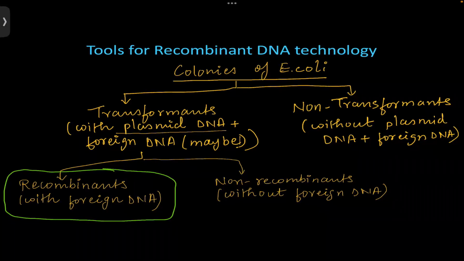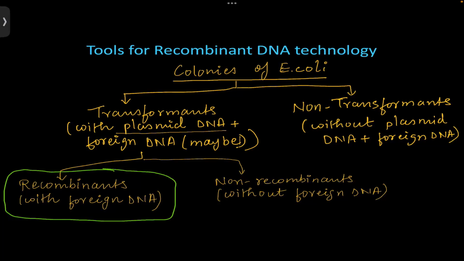One set of colonies will be transformants, that is, carrying the foreign piece of DNA that you have introduced. Here you have introduced a recombinant DNA, which is foreign to the cell. Another group of cells will not have this DNA piece.